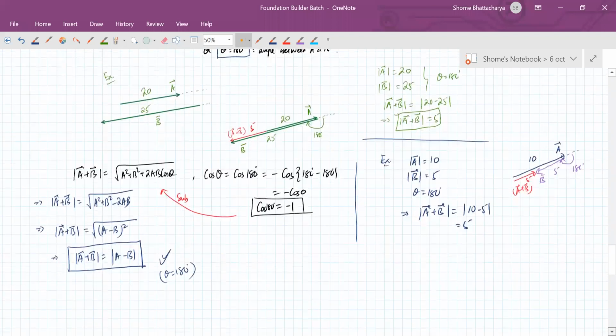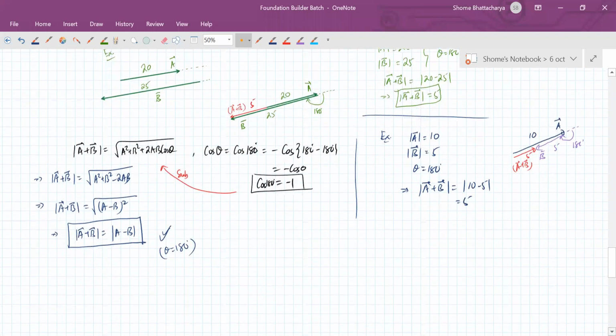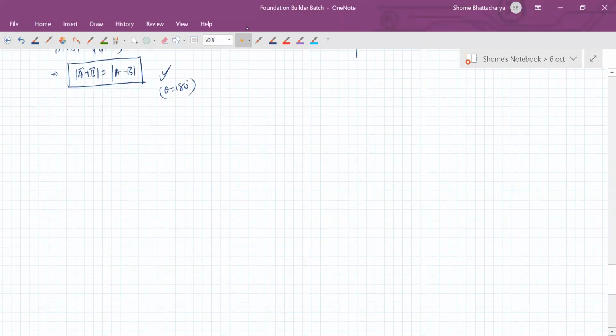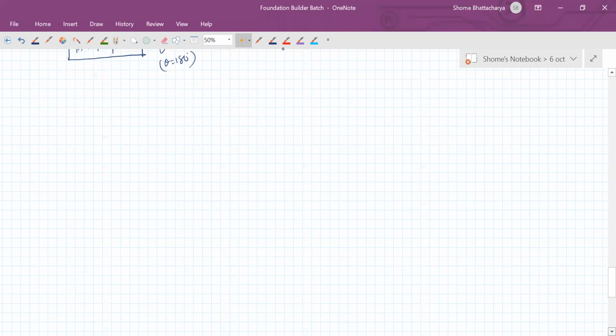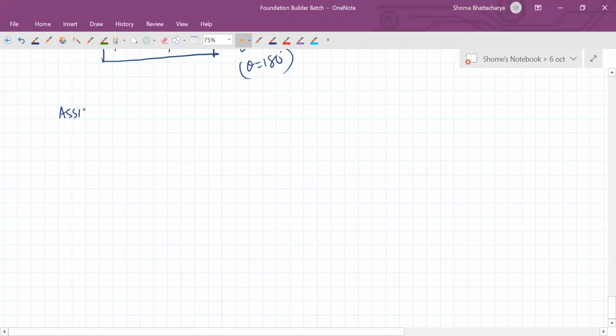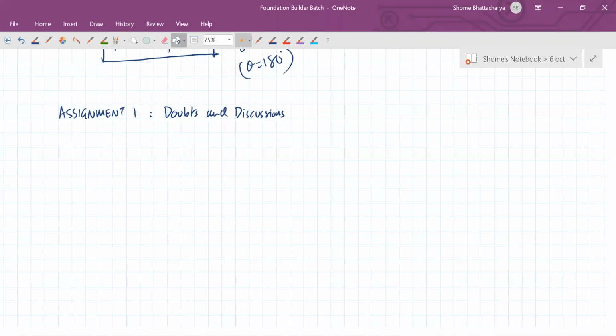Okay, so hope this is clear. Now, with this, let us move on to discussion of some of the questions from the first assignment. Okay, so just go through the assignment once and tell me if you have any particular questions that you want to discuss.